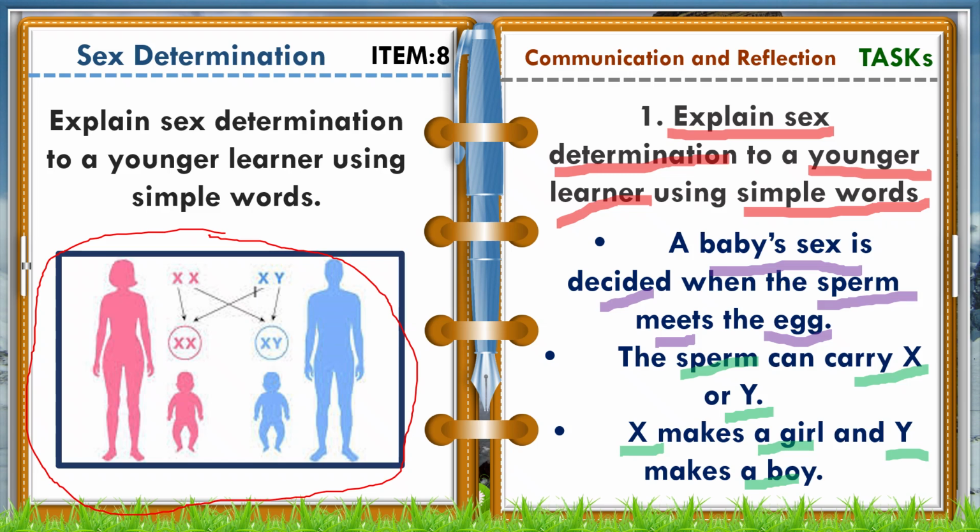The sperm can be either X or Y. If it is the X chromosome, it is going to make a girl, that is the X sperm. And if it is the Y sperm, it is going to make a boy.